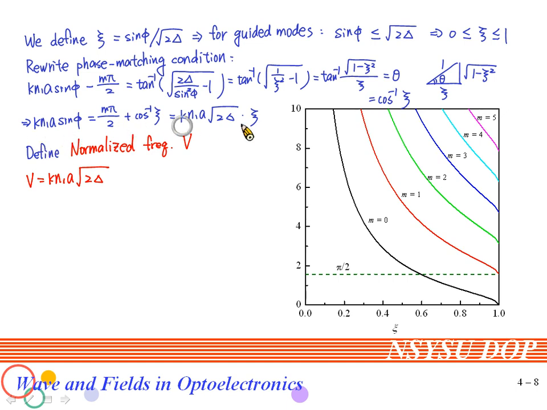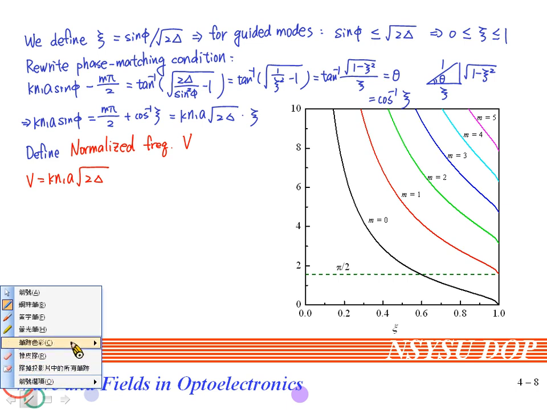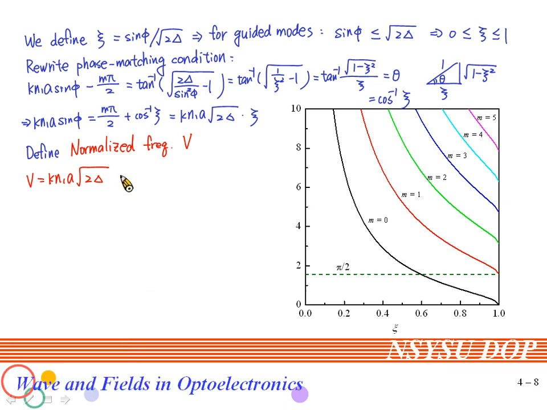And from this equation, we know that this normalized frequency will equal to m pi over 2 plus arccosine C divided by C. Okay? Then we have the relationship between capital V normalized frequency and C here.